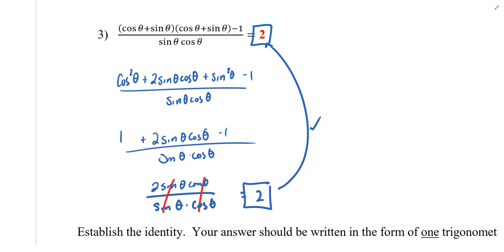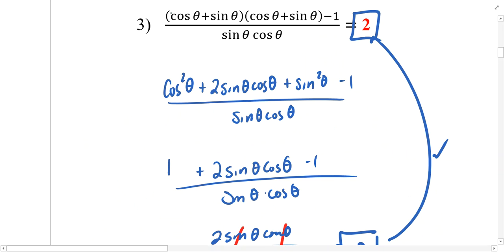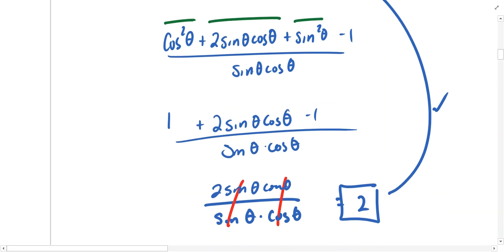For problem number 3 here, I went ahead and FOILed the 2 binomials that we have. First term ended up being cosine squared. The outside term was a sine times cosine. The inside term was also sine times cosine. So I got 2 of those, 2 sine cosine, and then the last term, sine times sine, gave me sine squared.